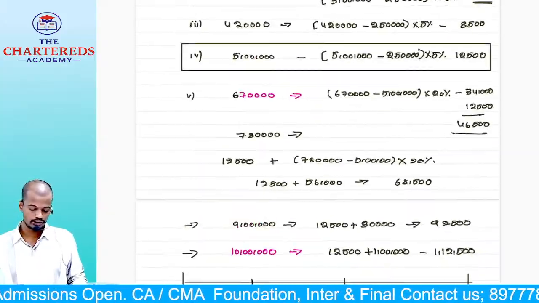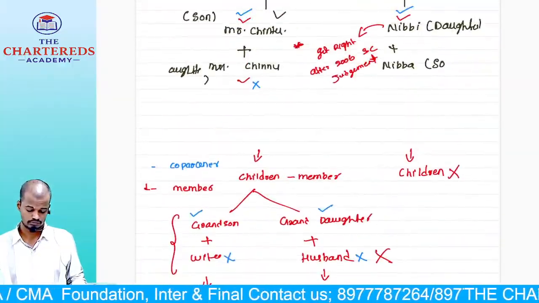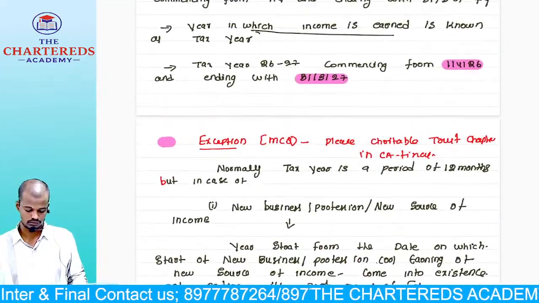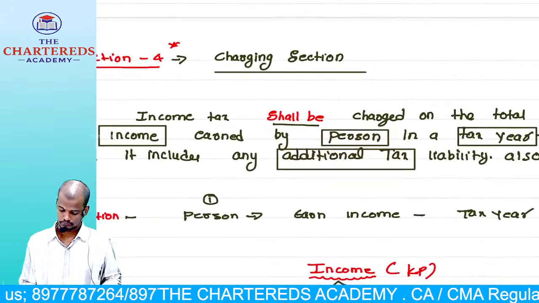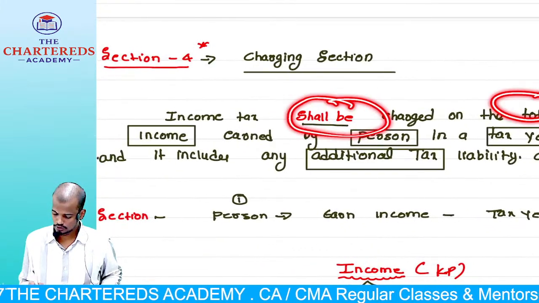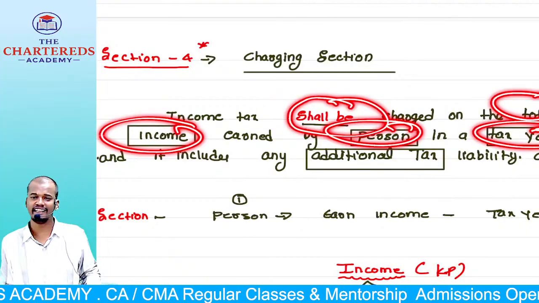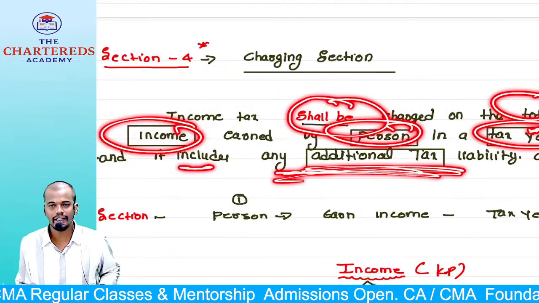So please go to our bare provision. What is our provision? Income tax shall be charged on total income earned by a person in a tax year, and it includes any additional tax.